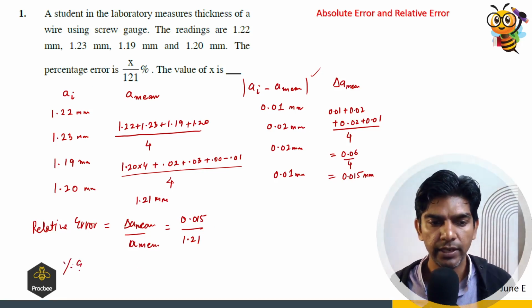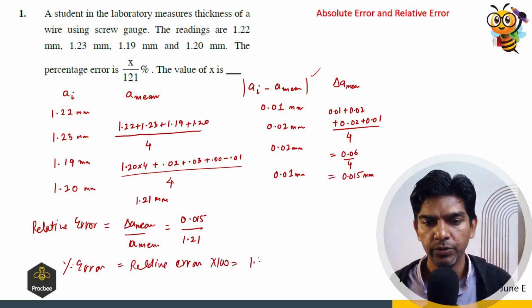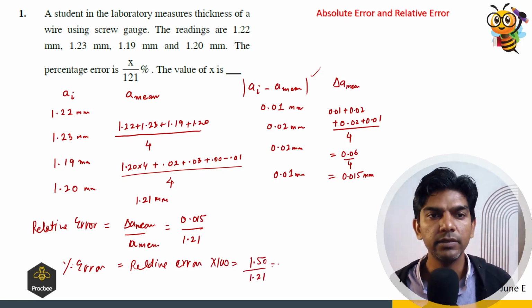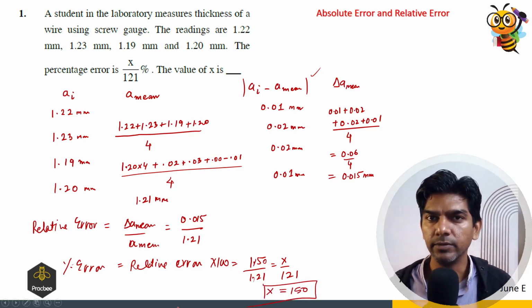So percentage error is relative error times 100. So it will be 1.5 divided by 1.21, and this is given as x by 121. If I remove this decimal, we can clearly see that x comes out to be 150. So 150 is the answer of this question.